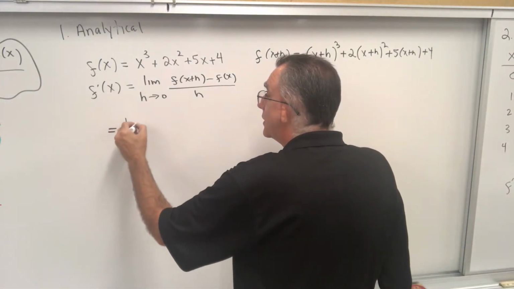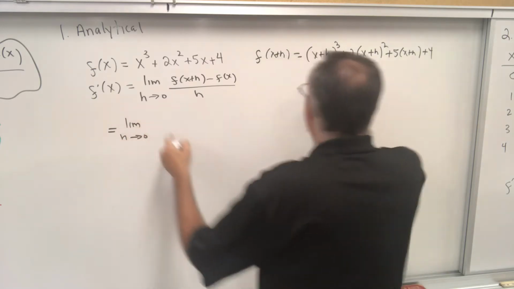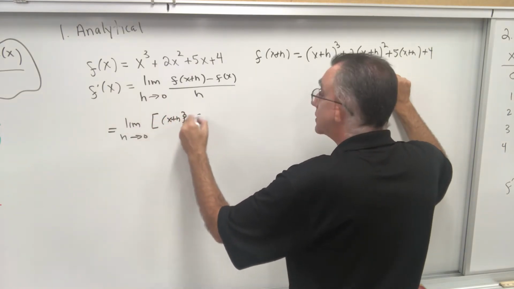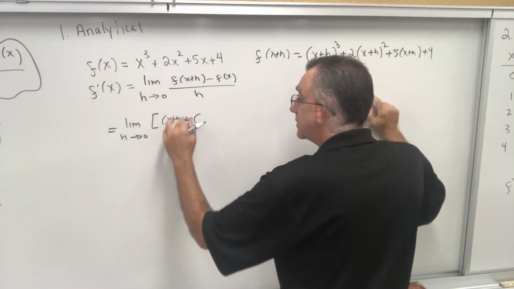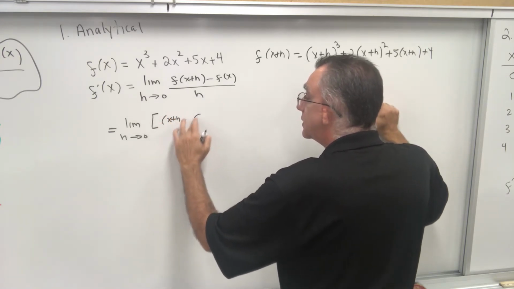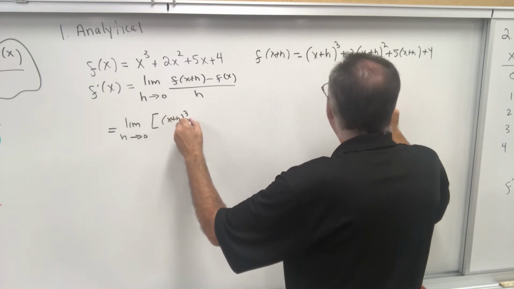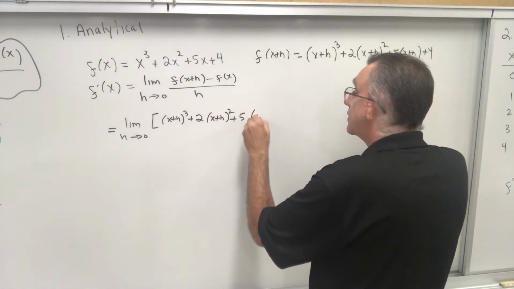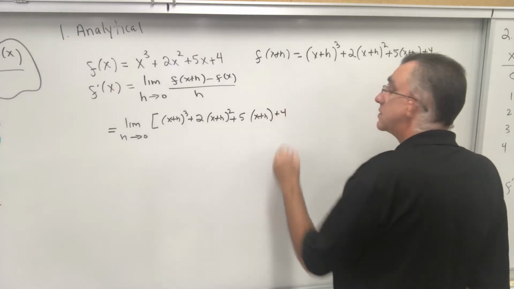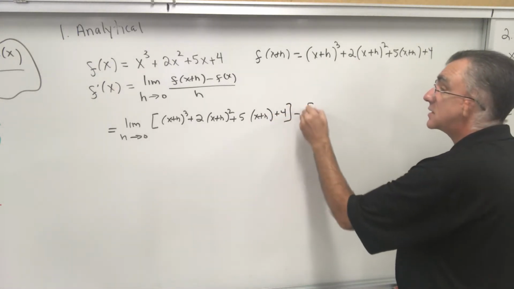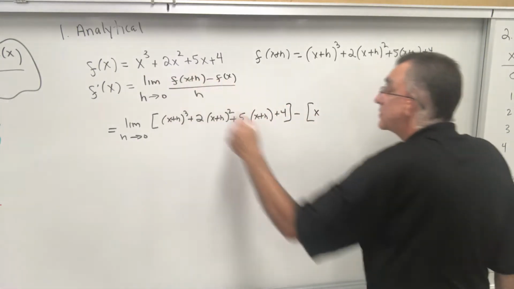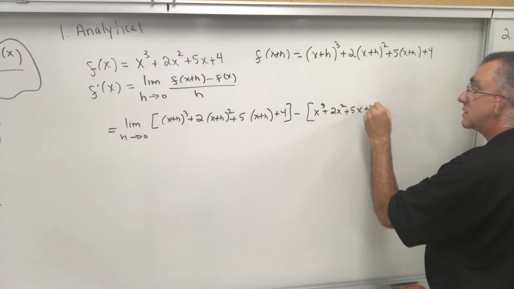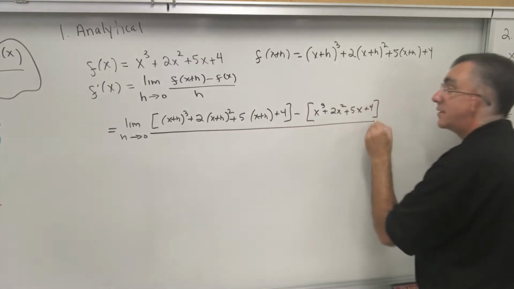So the derivative would be the limit as h goes to 0 of f of x plus h, which is this giant thing, x plus h to the third plus 2 times x plus h squared plus 5 times x plus h plus 4, minus the original function, x cubed plus 2x squared plus 5x plus 4, all over h.